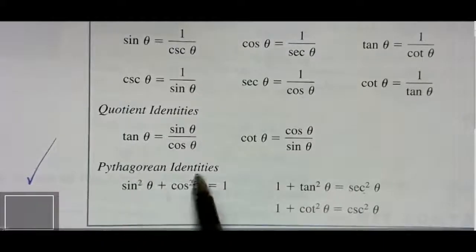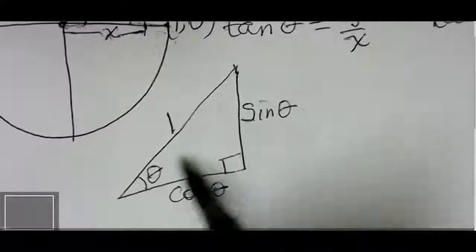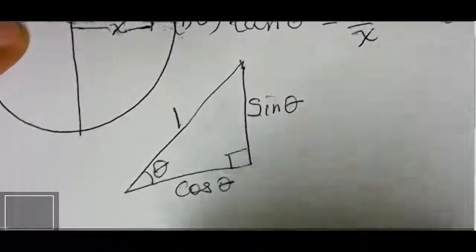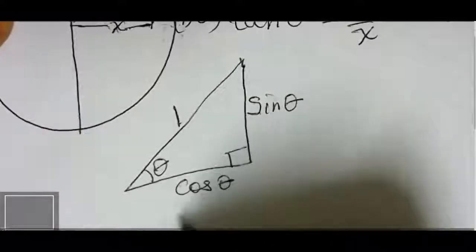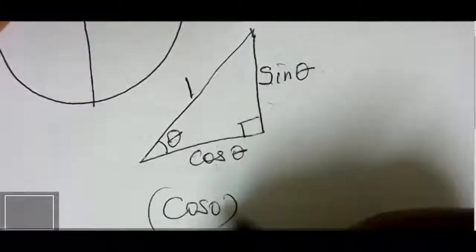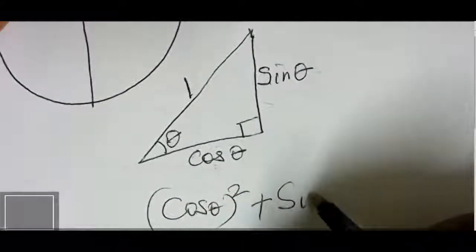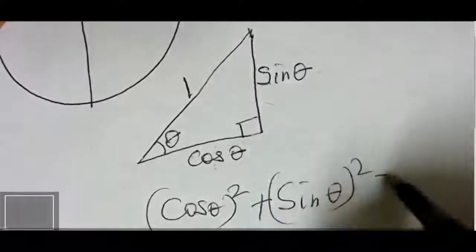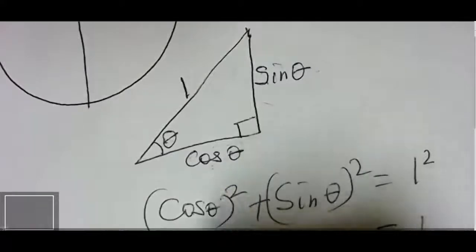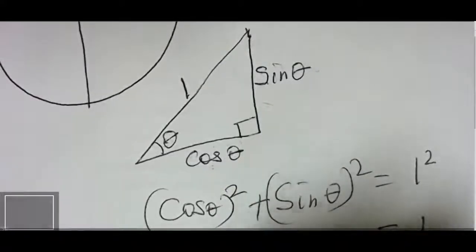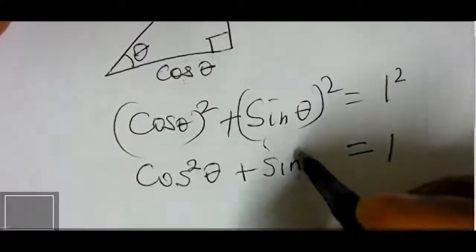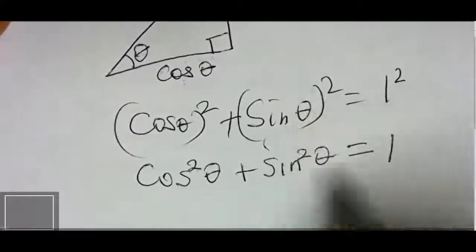For the Pythagorean identities, if we use the Pythagorean theorem on each of these sides, where 1 is the hypotenuse, and we have the two legs, then cosine theta squared plus sine theta squared is going to be 1 squared, because 1 squared is 1. Sometimes we simplify this to remove the parentheses and put the square here, but you know these two expressions are the same. So that's the Pythagorean identities.